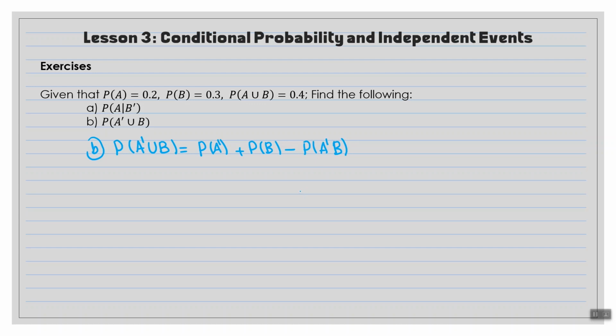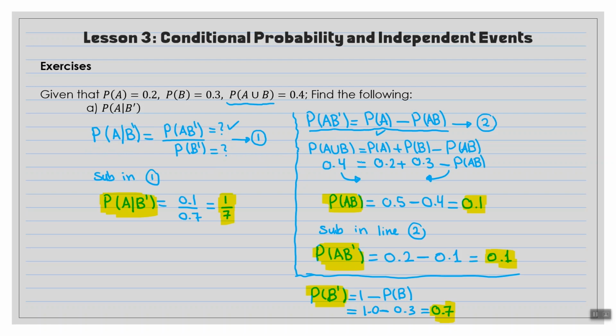Okay? So, do we have the probability of A dash? We do have this one. We don't have this one, and this one also we don't have. The probability of A dash B. Just to remind you, what we have found in the previous question was the probability of AB dash.